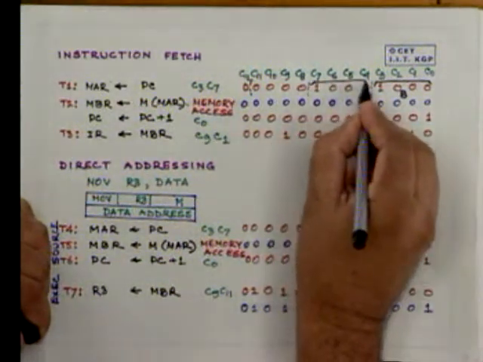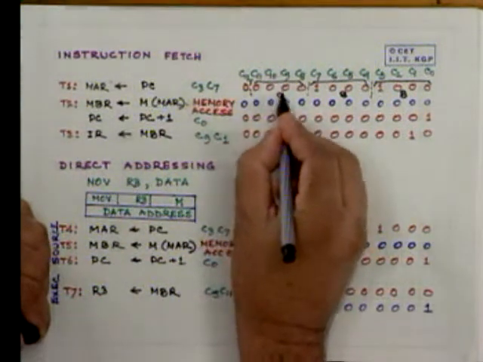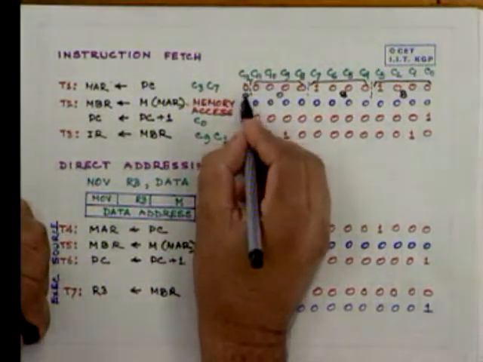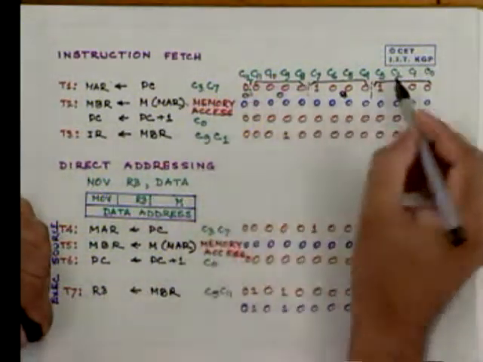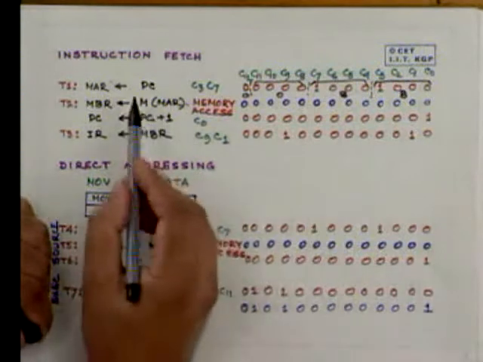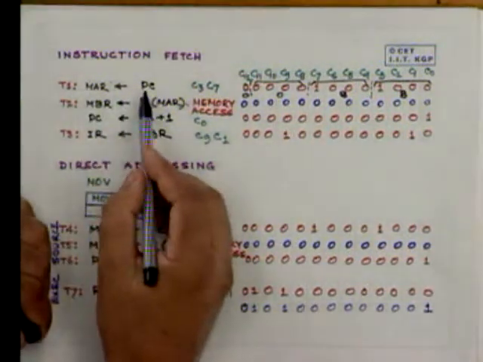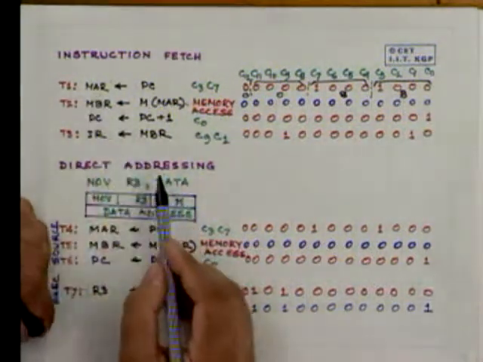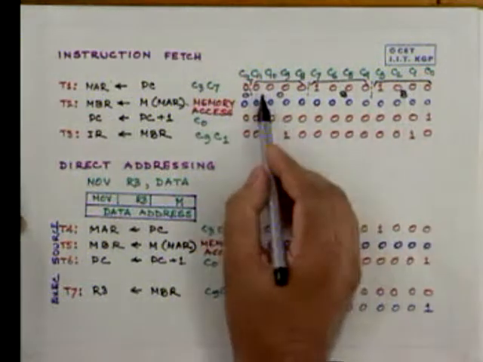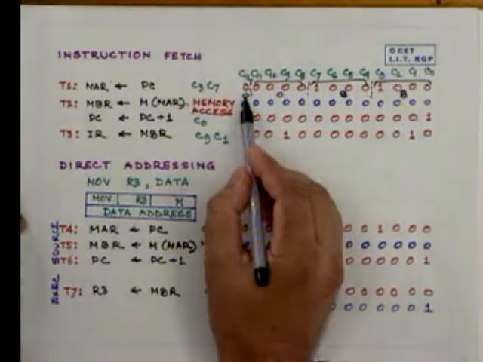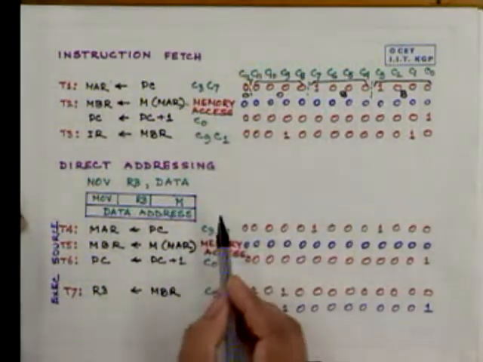This also is 8. This is 0, and this is 0 in hexadecimal. Therefore, this control word, which means that content of PC goes to MAR, has the corresponding hexadecimal form 0088, right?